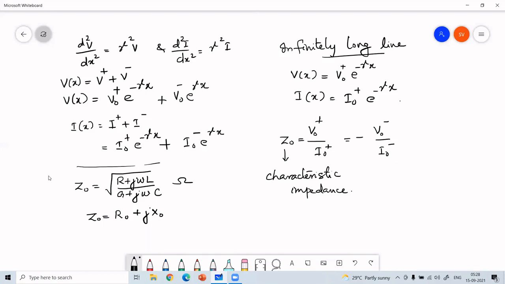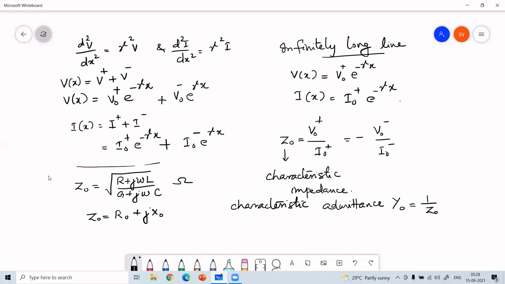And the reciprocal of the characteristic impedance is known as characteristic admittance. So characteristic admittance Y0 can be written as 1 by Z0.